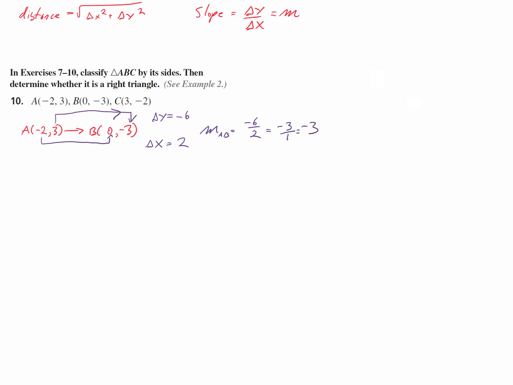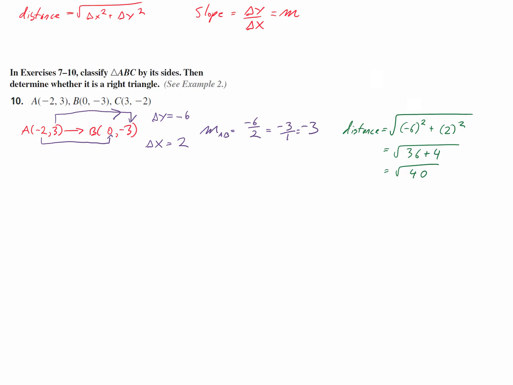Okay, let's find the distance between these two points. So the distance of AB is equal to the square root of negative 6 squared plus 2 squared. Well, this is equal to 36 plus 4, which is equal to the square root of 40. Okay, so I got that one done.